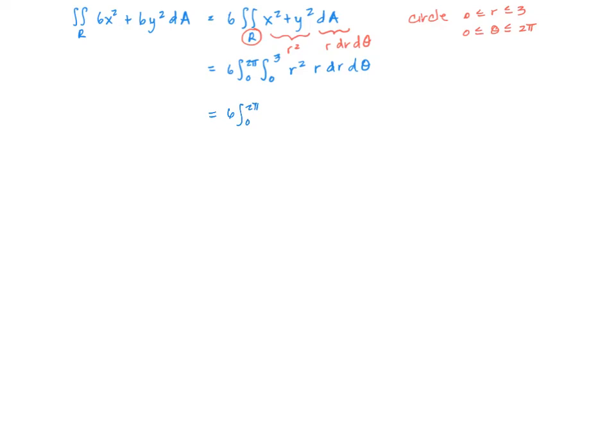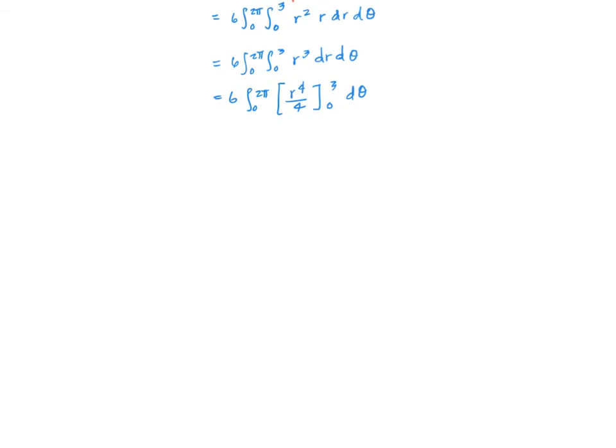Okay, so let's just clean this up. This is r to the third dr d theta, which then becomes r to the 4 over 4, going from 0 to 3, and then d theta. That looks like it's going to be 81 over 4. I still have the 6 on the outside.